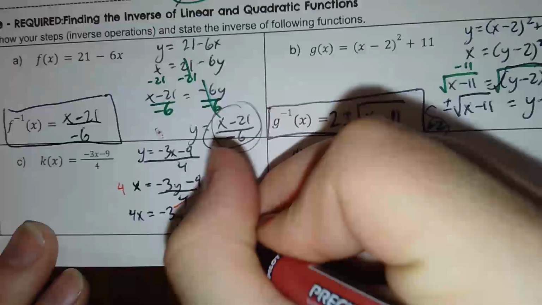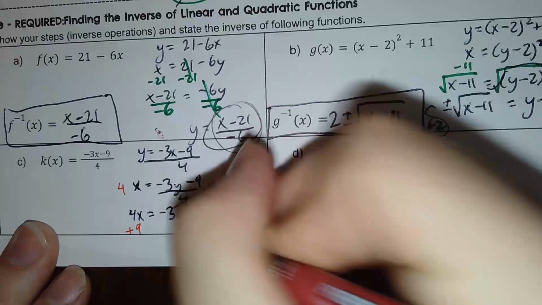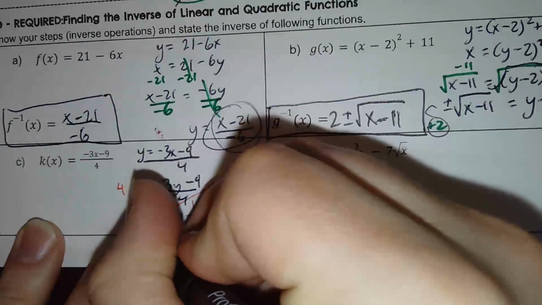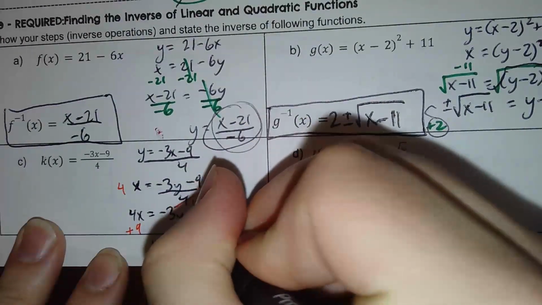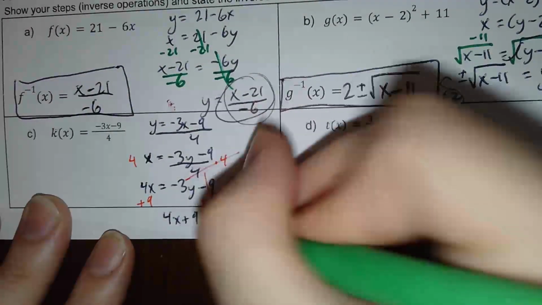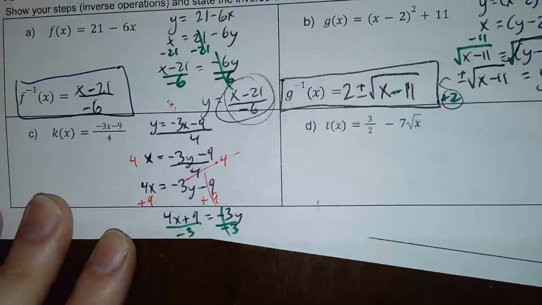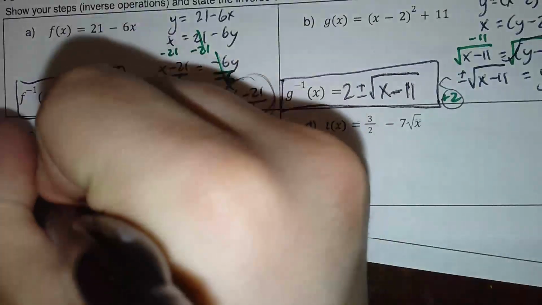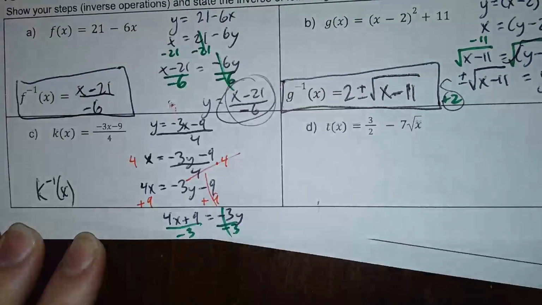I will add 9 to get rid of the -9. And I will divide by -3 to get rid of the -3. So my final answer is k inverse of x equals 4x plus 9 over -3.